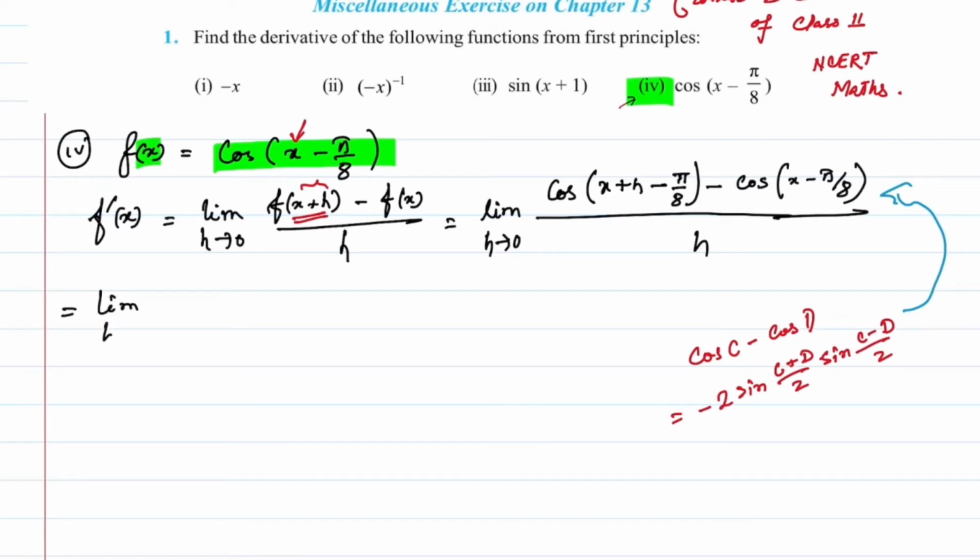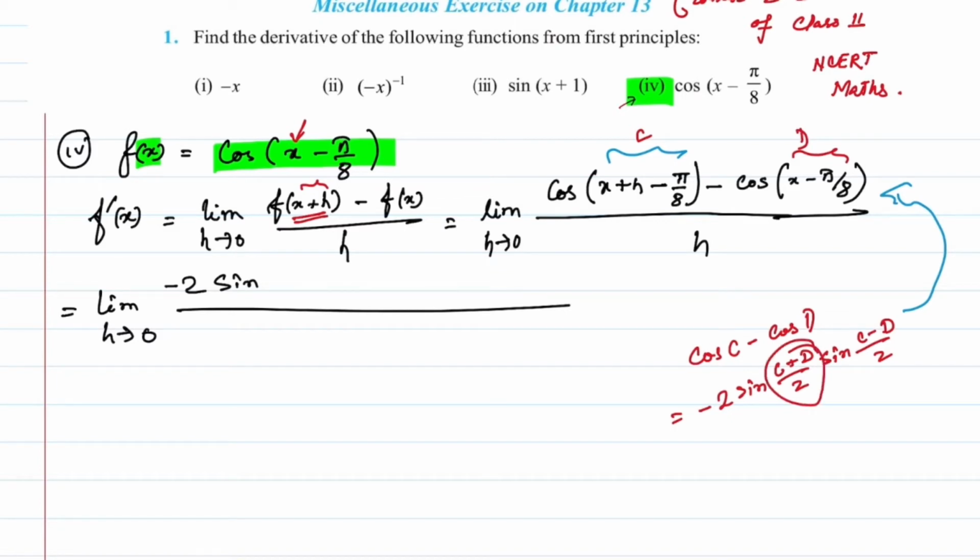So then it will be limit h tends to 0. First term is minus 2 sine of c plus d by 2. Now consider this part as C and this part as D. And what will be C plus D by 2? Let us find from these two terms. So C is x plus h minus pi by 8 plus D is x minus pi by 8, by 2.